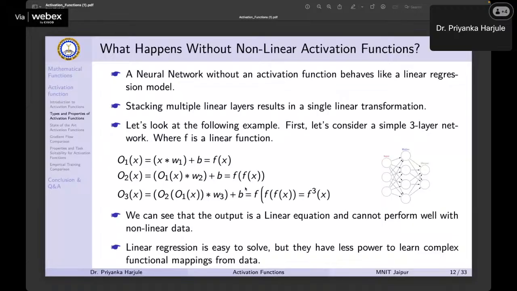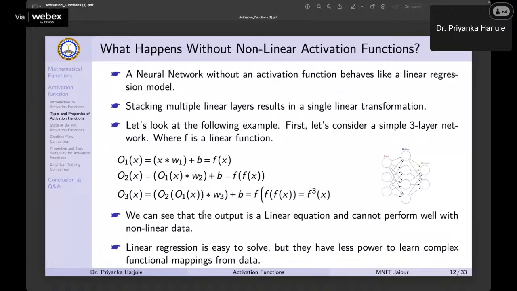So layer 1 gives output O1, and then layer 2 is again linear, layer 3 also, because the composition of linear functions is again a linear function only. So without activation function, the network cannot learn nonlinear patterns. It will fail on the real world problems like image recognition, NLP understanding, and all that.